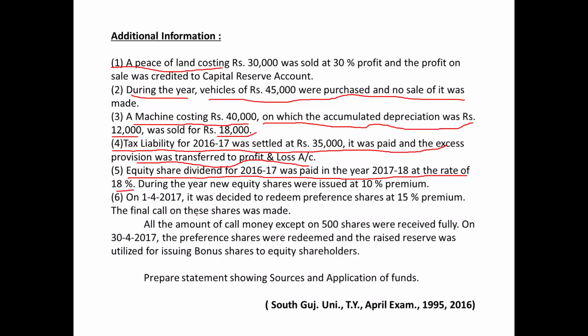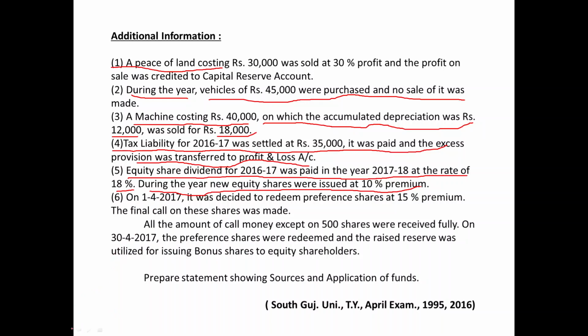For 16-17, this has been paid in the current year 17-18. And during the new year, equity shares were issued at 10% premium. So two transactions have been given in one item.